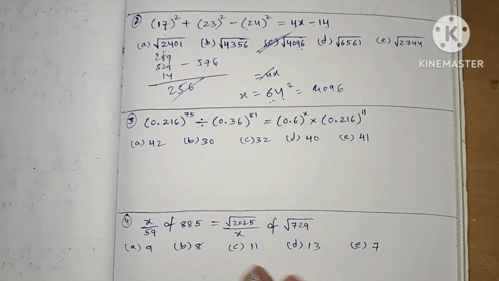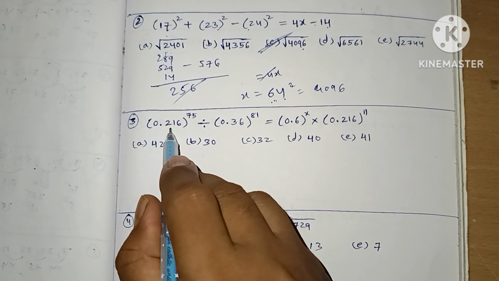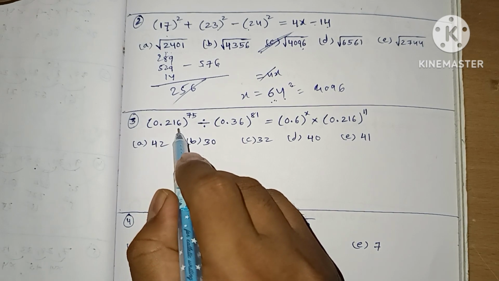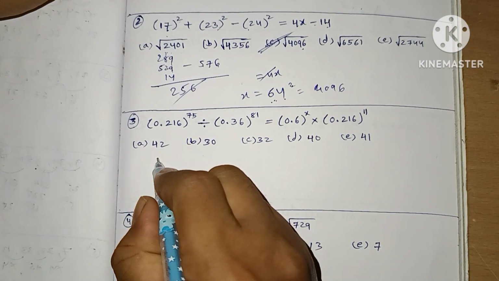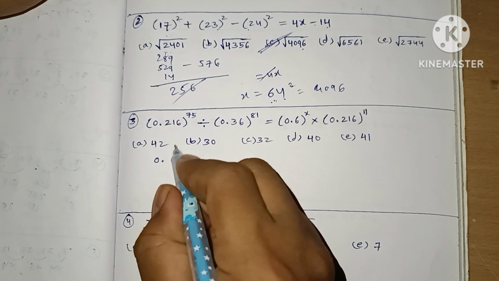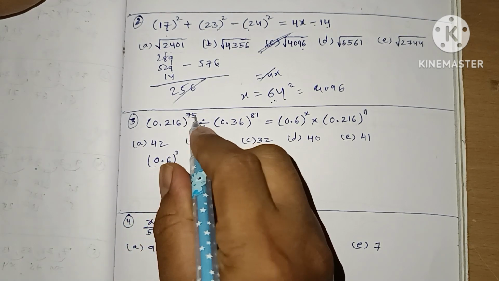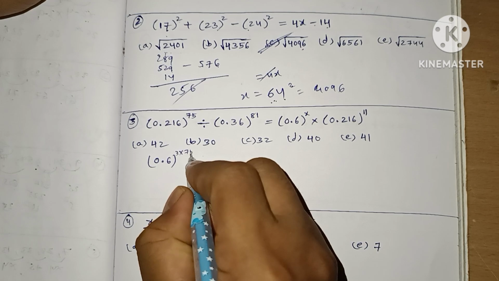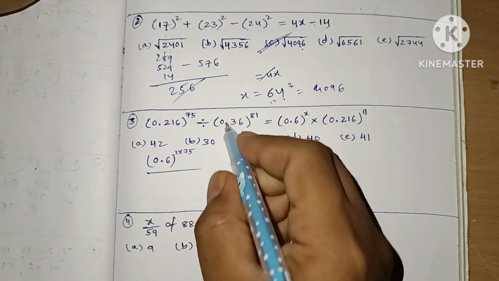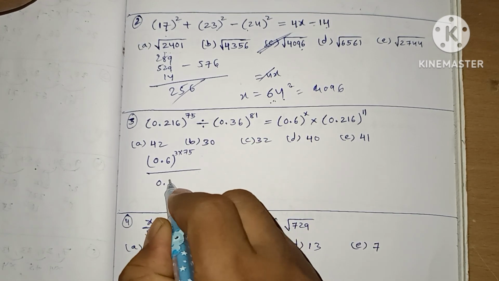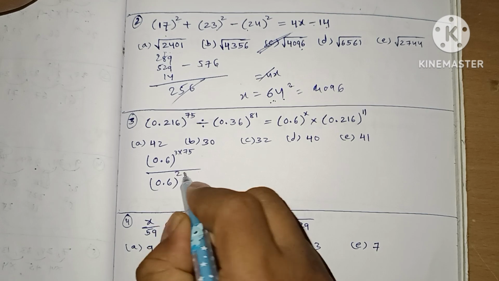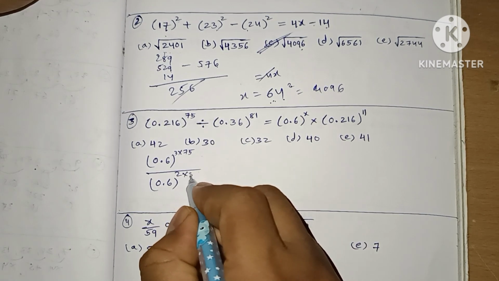Next one. Here 0.216. 216 is nothing but 6 cube. So here we have 0.6 whole cube whole power 75. So 3 into 75 divided by, this will be 0.6 square into 81.